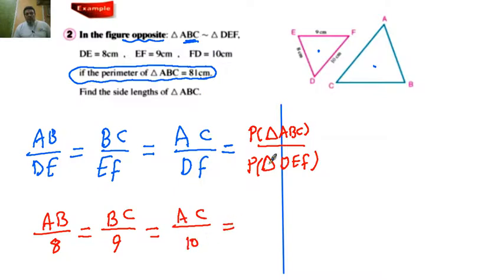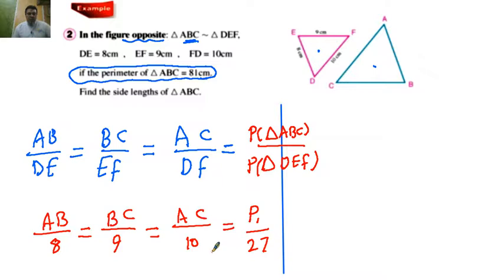We can't find this perimeter, so we take the perimeter of triangle ABC over the perimeter of triangle DEF, the sum of its sides, 10 plus 9 plus 8 equals 27.